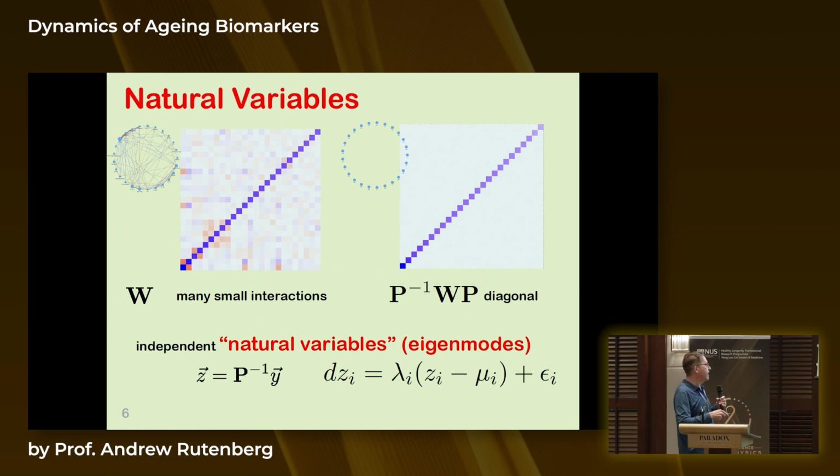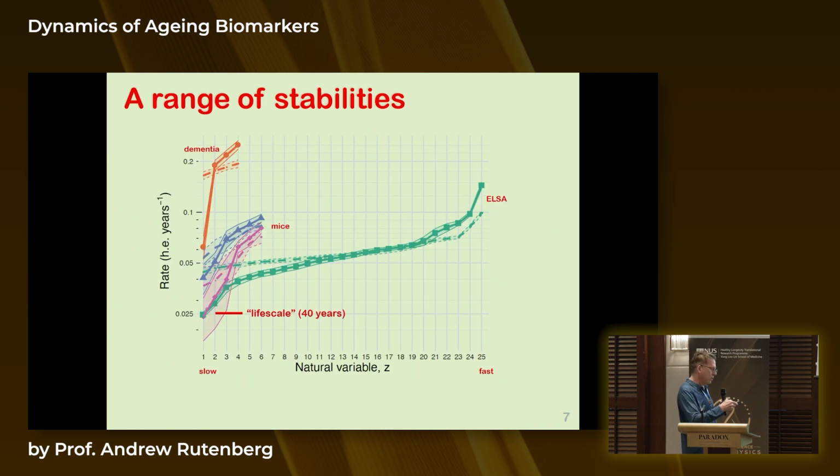So here's the equation with eigenmodes, simplified because you have one rate for each mode, and you have a stable point, and you still have noise, so it looks the same, but they're not coupled anymore. You can look at it, for instance, and rank order the stability of these natural variables.